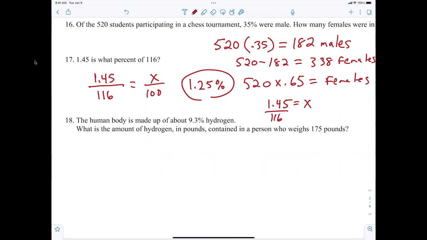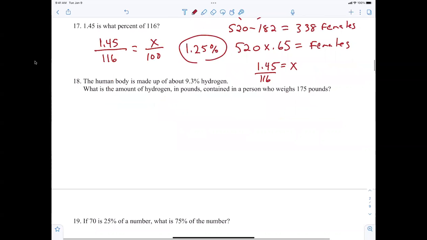Okay. What, Oliver? Okay, 18. You want me to read it? Yes. The human body is made up of about 9.3% hydrogen. What is the amount of hydrogen in pounds contained in a person who weighs 175?